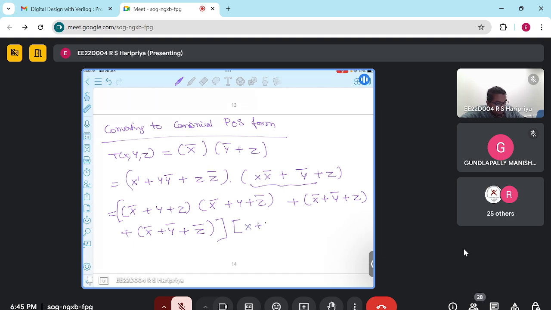So x plus y bar plus z is one term, and x bar plus y bar plus z is another term.